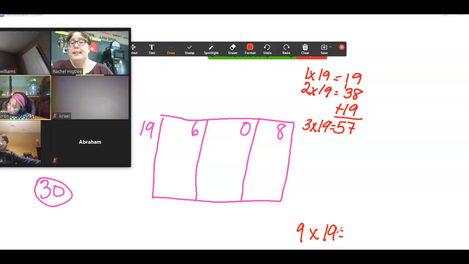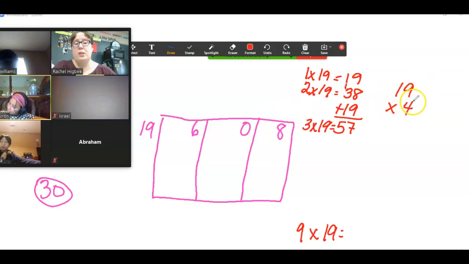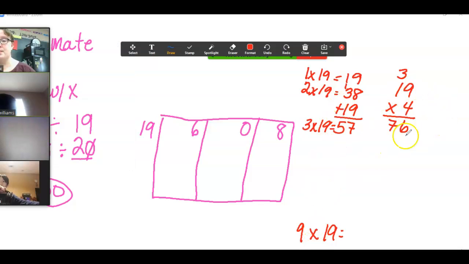The other option is to guess and check. So if I'm looking and I'm saying, you know what, I think maybe 4 groups will fit in there, then I can try the 4 and I can do that multiplication and that's 76. Okay. So it's really just what you're comfortable with. If you're comfortable with the repeated addition versus then doing some multiplication. Okay.